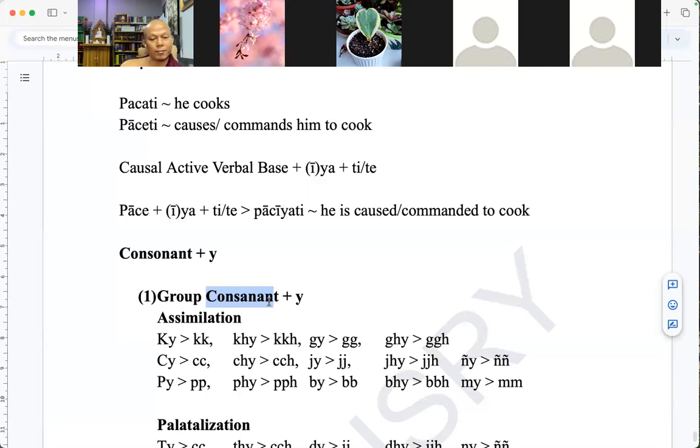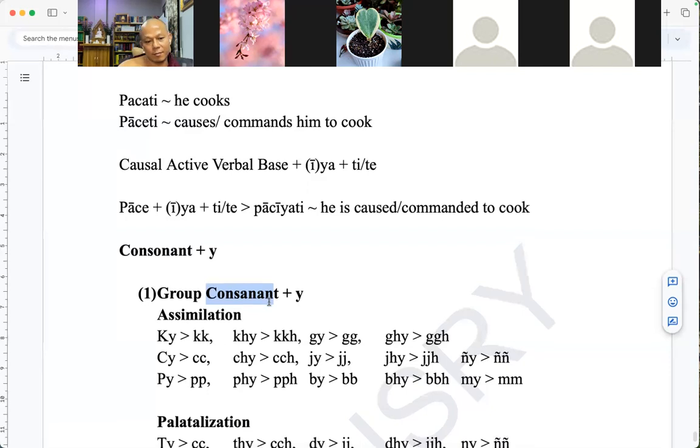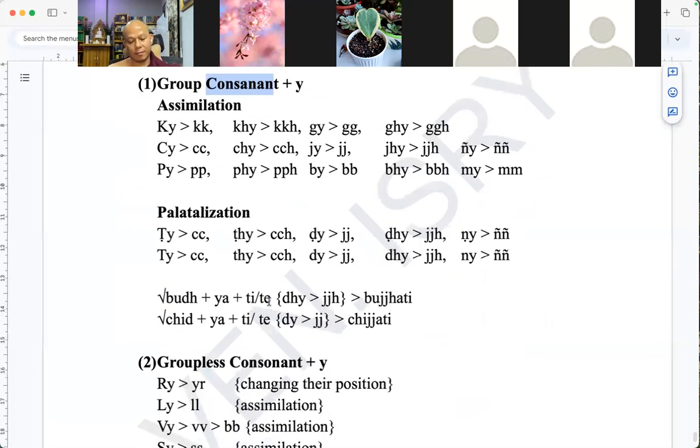Yes, Bante. And apart from these two groups, Bante, we also have some situations of the vowel ending. With the vowel ending, we also have ni, u, long r, a.